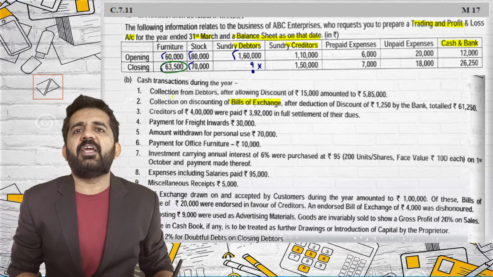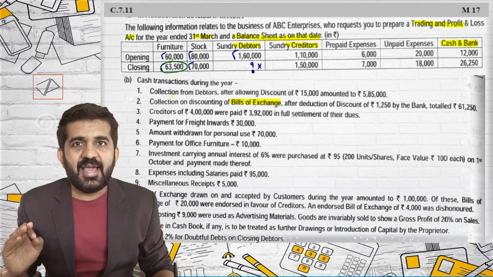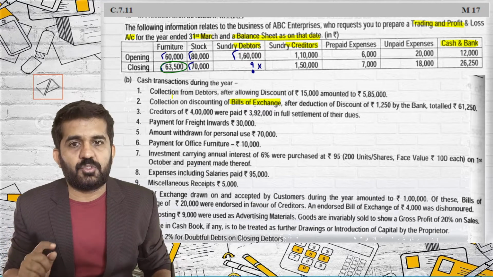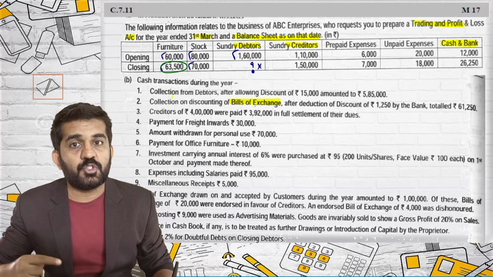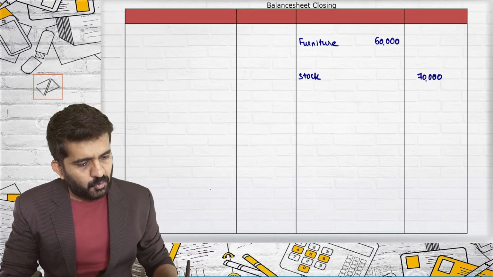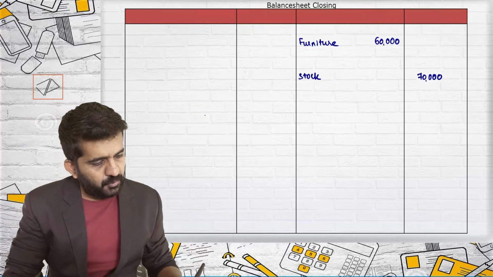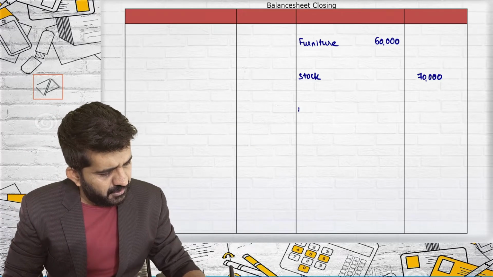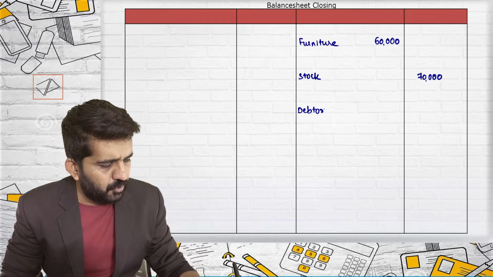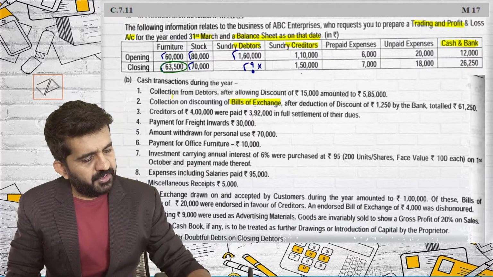It is not a printing error by us. It was a printing error in the institute question. Dash means there is no closing debtors. Question mark means the figure is to be found out. Actually, it is a question mark. We need to find out the figure. So closing debtors, I'll just write that there is closing debtors, and in closing balance sheet also there will be a debtors figure. The figure I don't know. We'll be finding it out. So we have done this.